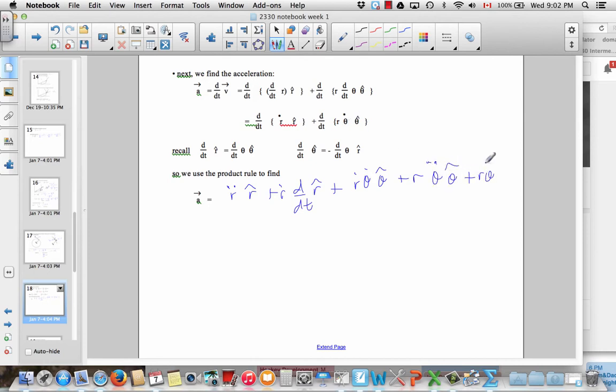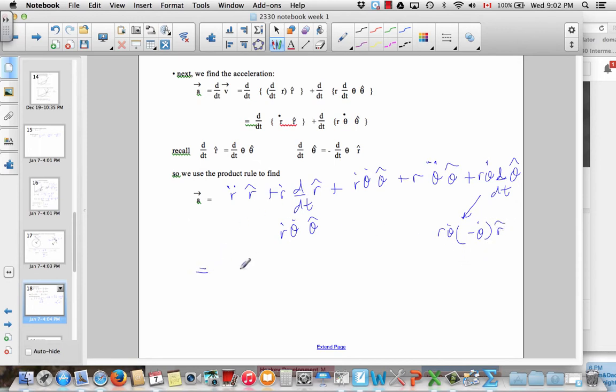And then we'll leave r and theta dot constant and time differentiate theta hat. Well, the d dt of r hat we saw earlier was theta dot theta hat, and we'll now use the fact that the rate of change of the theta hat direction is minus theta dot in the r hat direction, so this term is r theta dot times minus theta dot in the r hat direction.